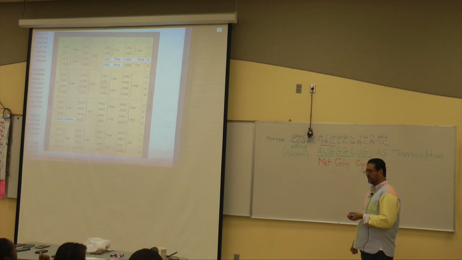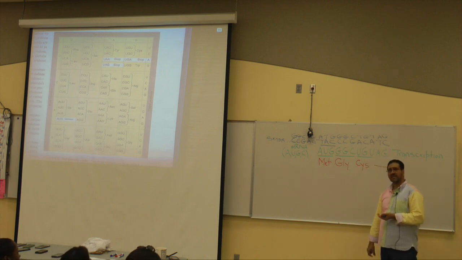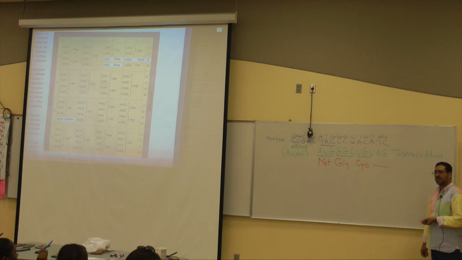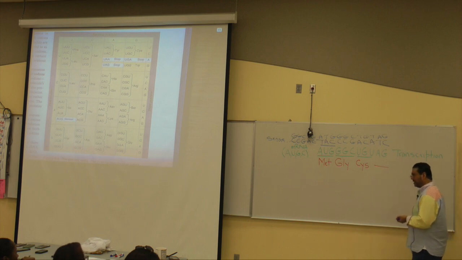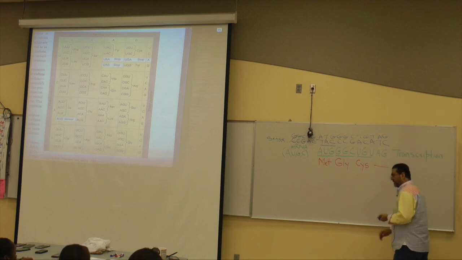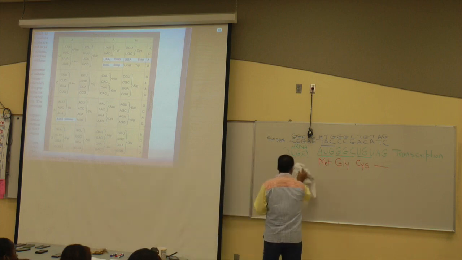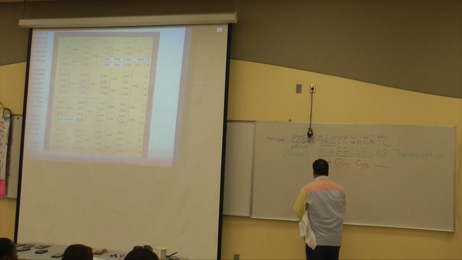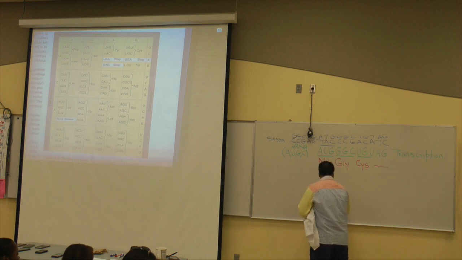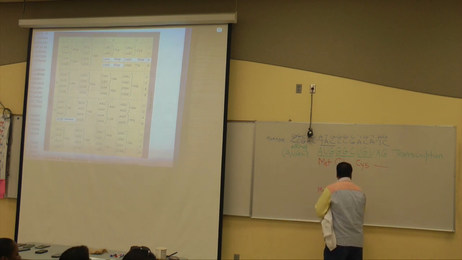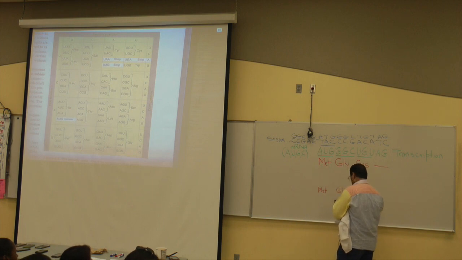Oh, absolutely. What is the anticodon for GGC? CCG. Okay. Now in reality, what is going on? If I remove these, I'm going to put MET here, GLY here, and CYS here, and erase these.